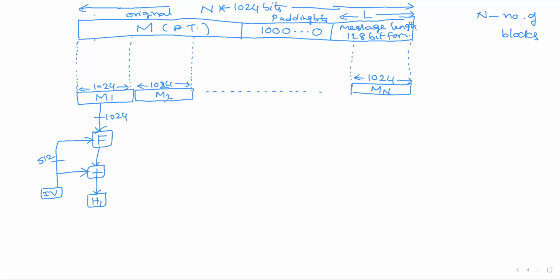Next, the next block, which is also of 1024 bits, is given as input for the round function f. The output of this is given to the addition modulo 2 power 64 operation.